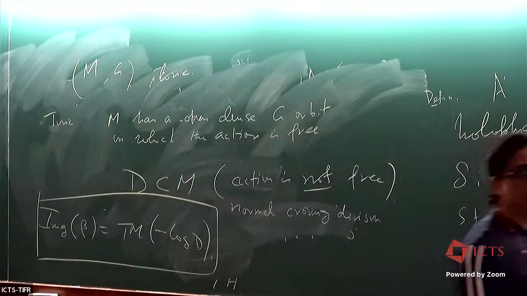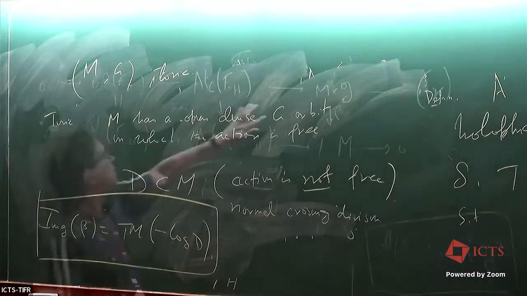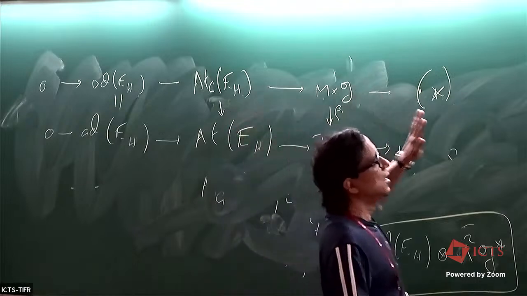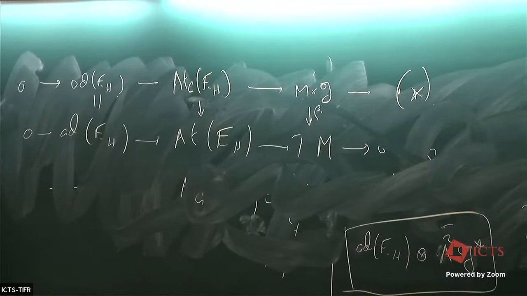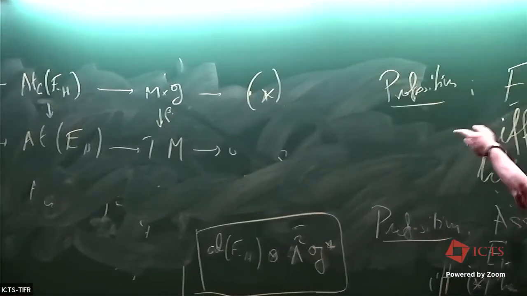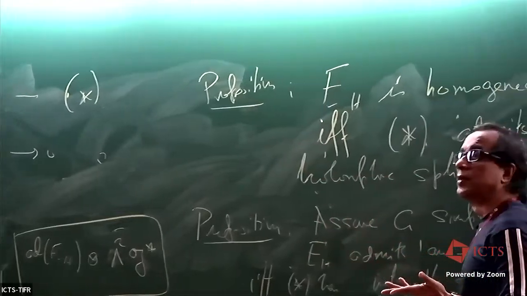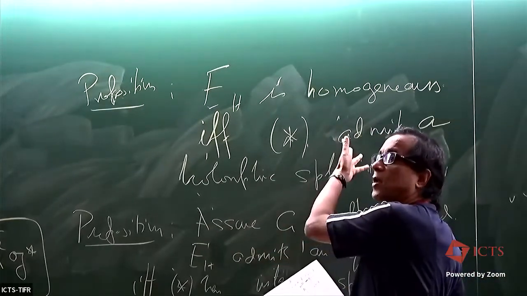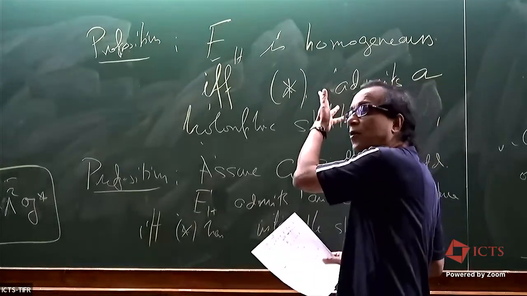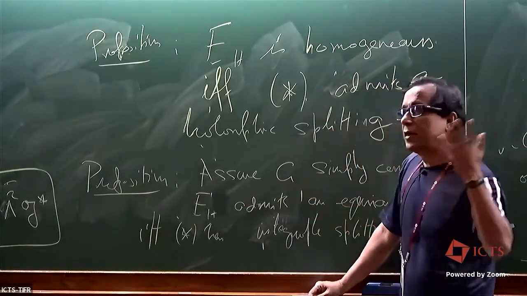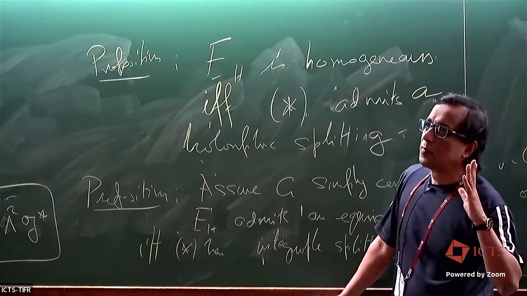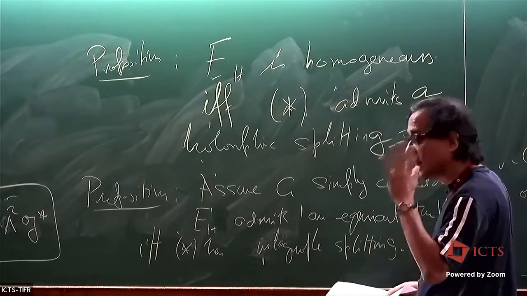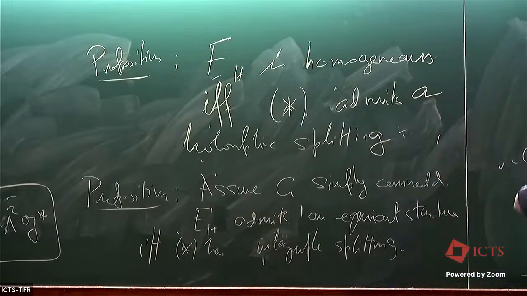So this says in the toric case, E_H is homogeneous if and only if the logarithmic tangent bundle sequence has a holomorphic splitting. And we recall that the definition of a logarithmic connection is a holomorphic splitting of the logarithmic Atiyah exact sequence.